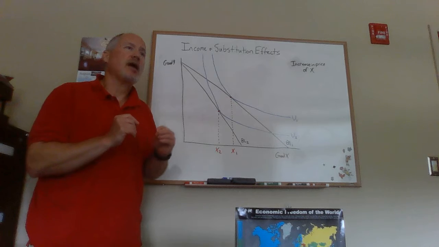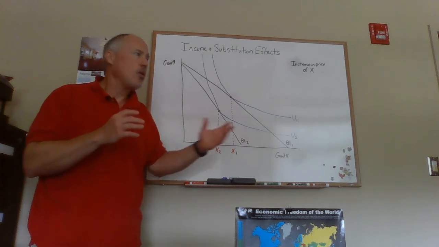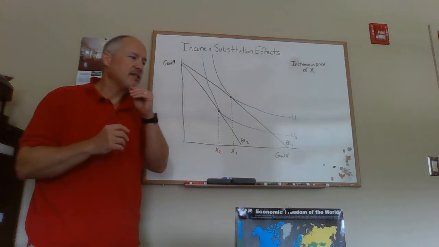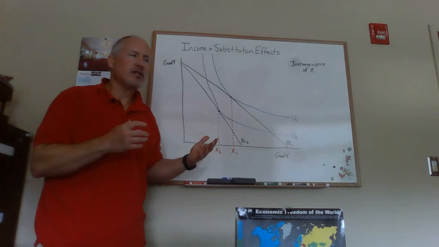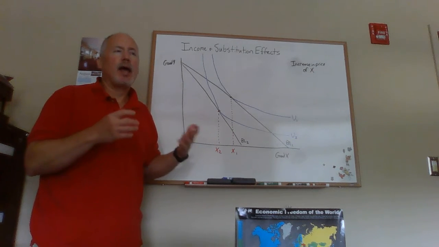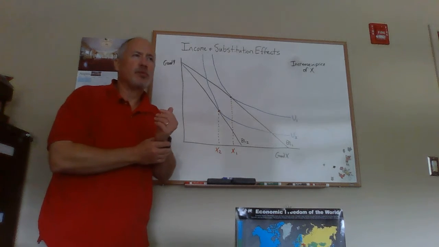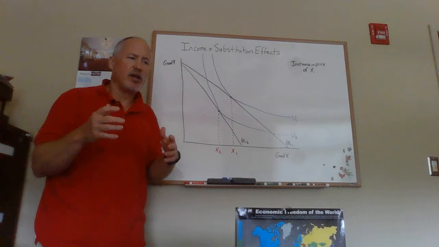The other thing that happened is that because the price of X goes up, if you were to think about what is the consumer price index that this consumer would face in this case? A consumer price index is really a weighted average of prices, and the weights reflect budget shares.